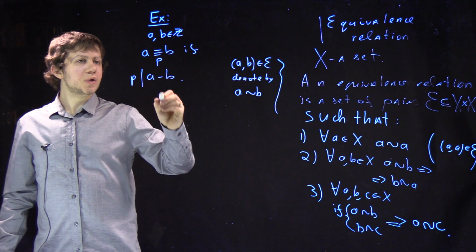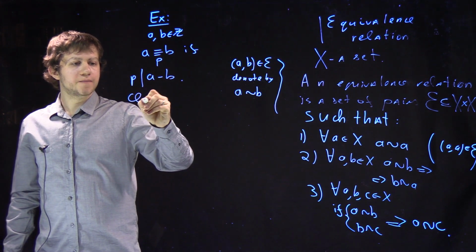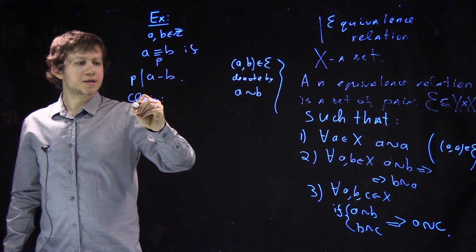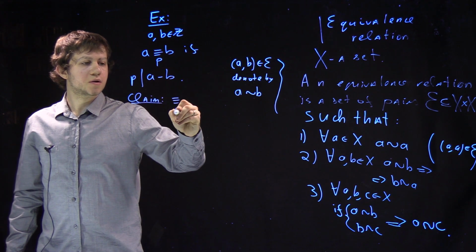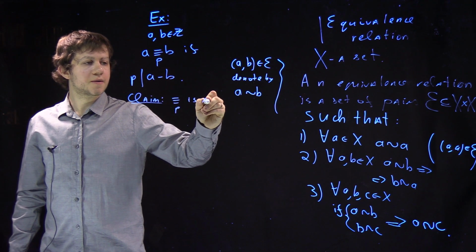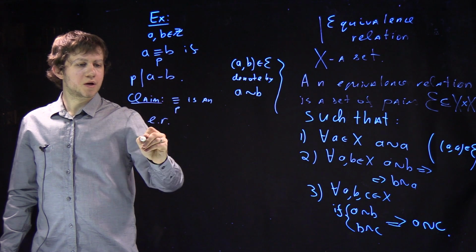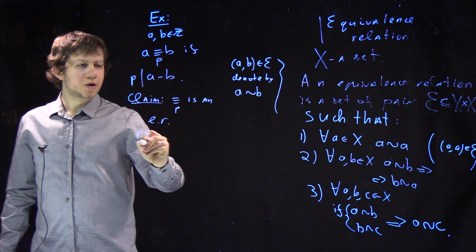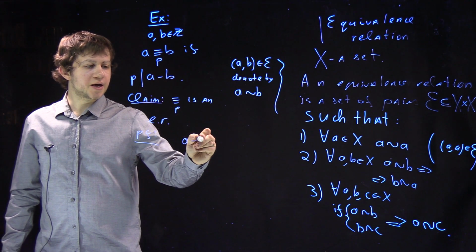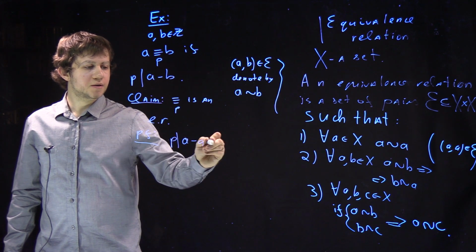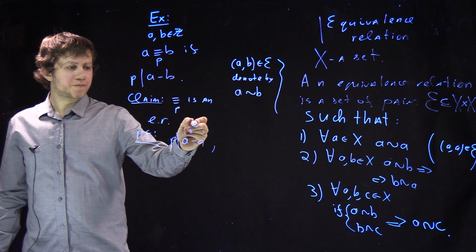Why? The claim is that this congruence is an equivalence relation. The proof is very simple. Of course A minus A is divisible by P because it's 0.